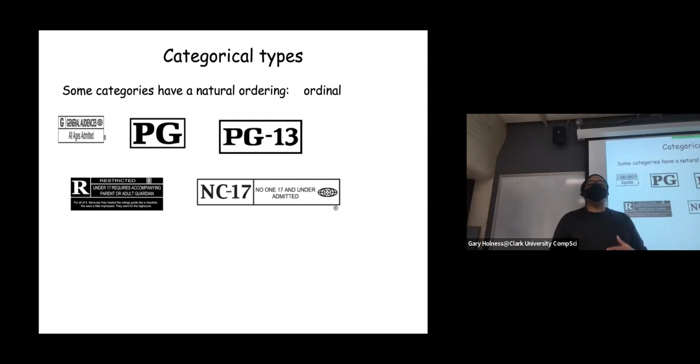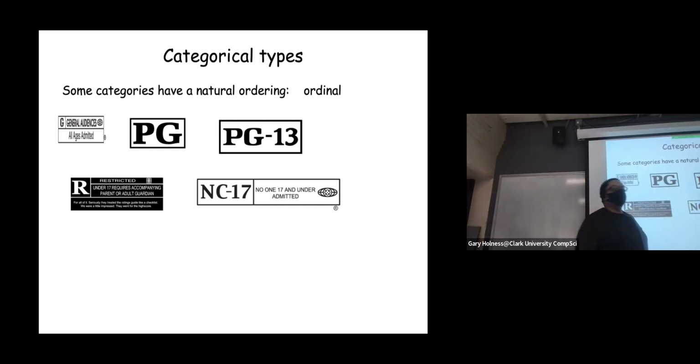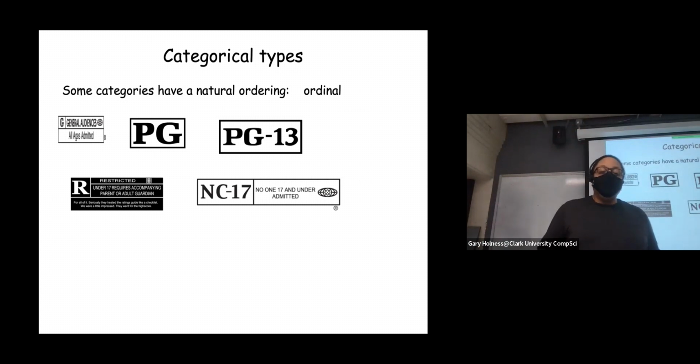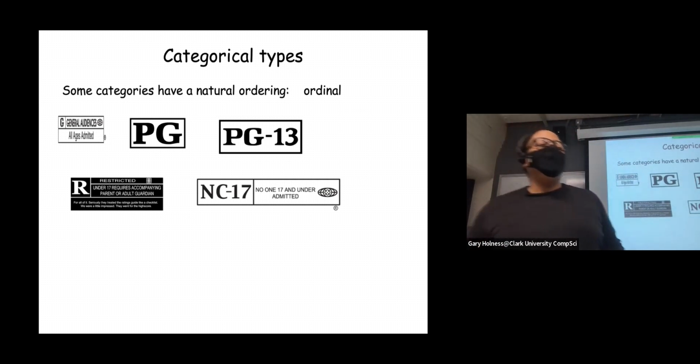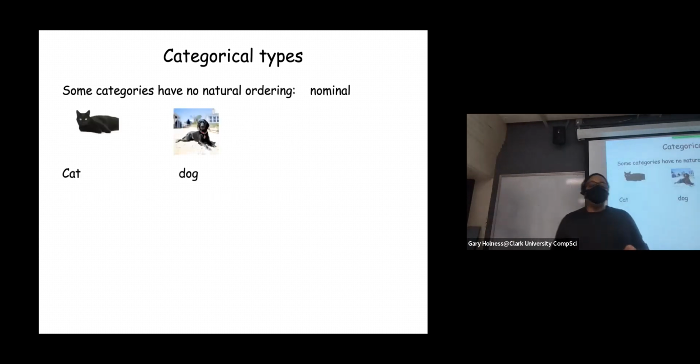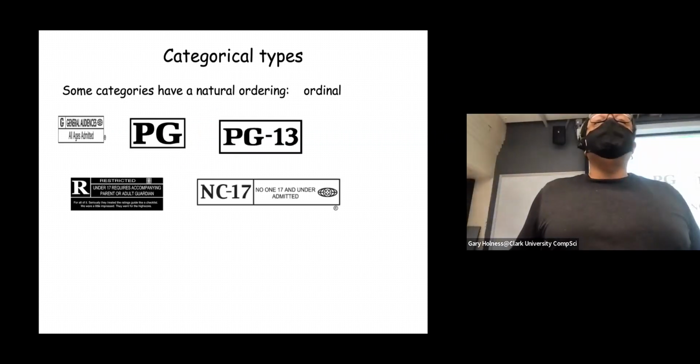There is a natural ordering to them, and it's typically semantic, right? There's nothing about the image here that allows you to order them. It's what the meaning is that allows you to order them. And so there's a difference here. These ordinal categorical variables have a natural ordering, whereas these nominal categorical variables do not. Okay. Any questions about this? Make sense? No? All right.